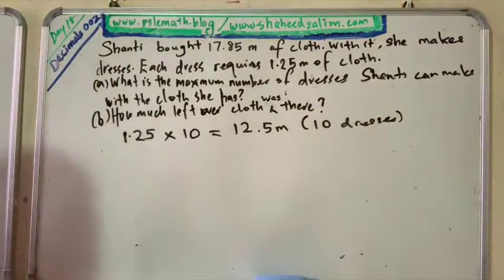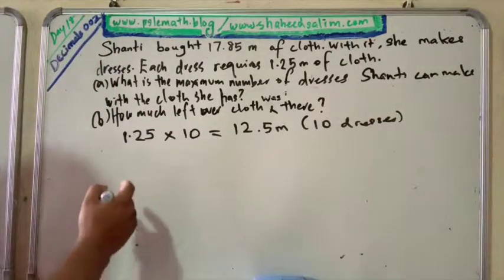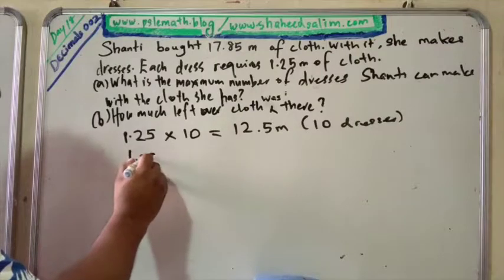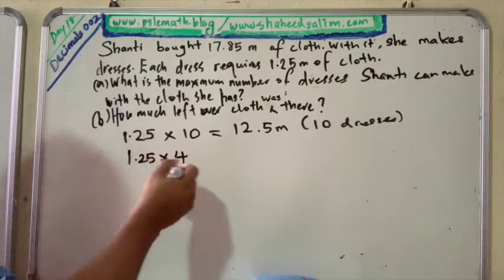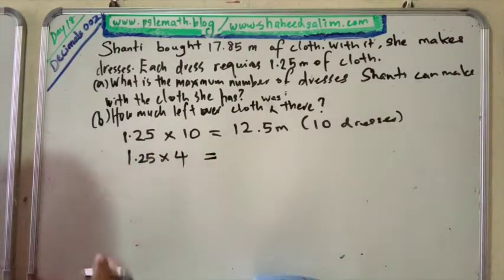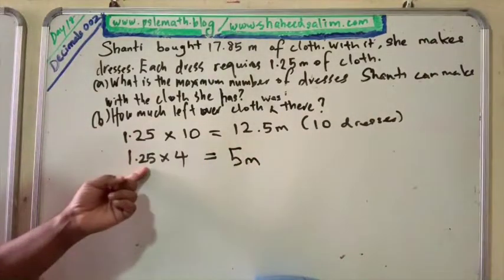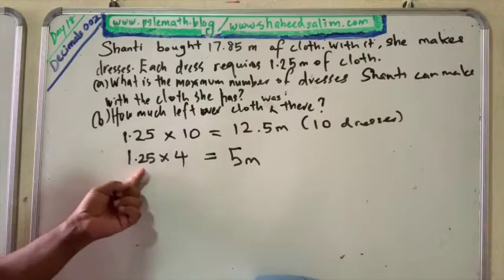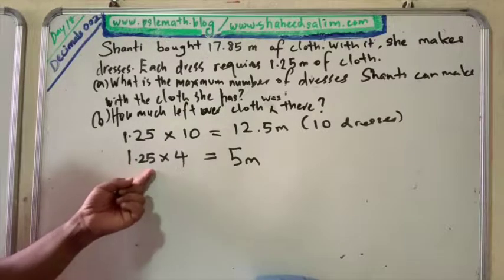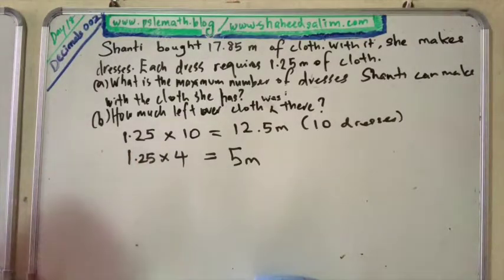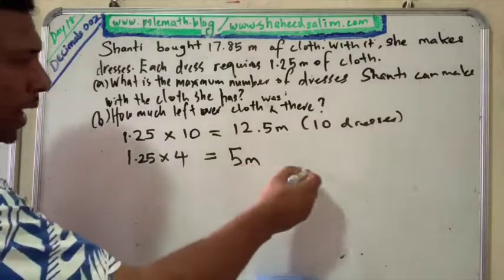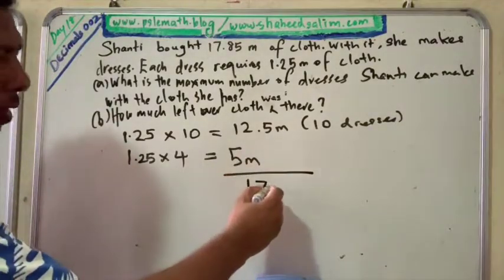What about, let's say, 4 dresses? If you times this by 4, you will get a whole number. You get 5 meters. How do I know? Because 25 times 4 is 100. 1 times 4 is 4, plus 1 is 5. If you add both of these together, it's really 17.5 meters.